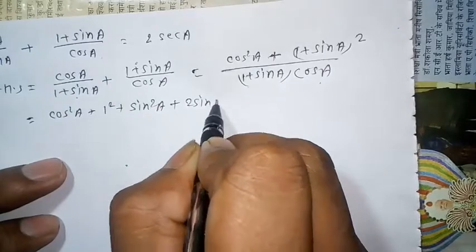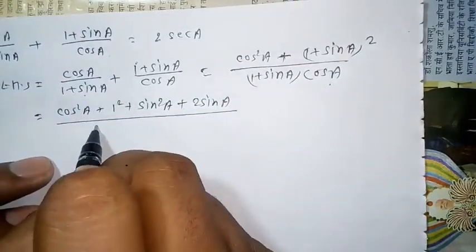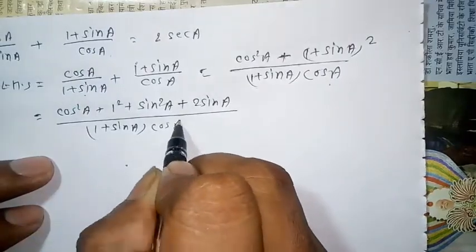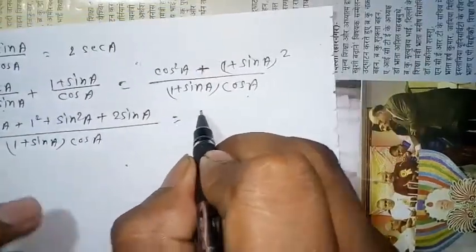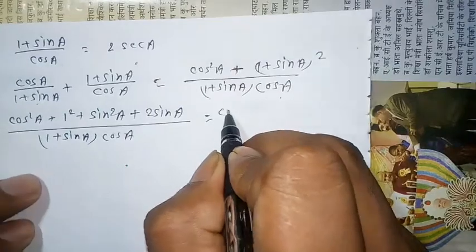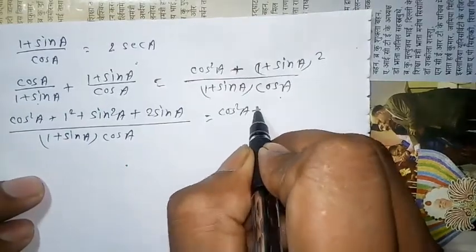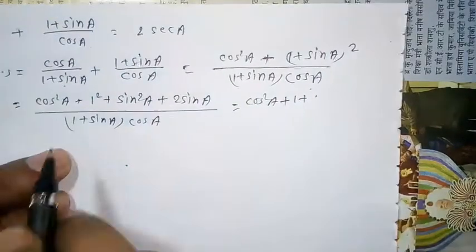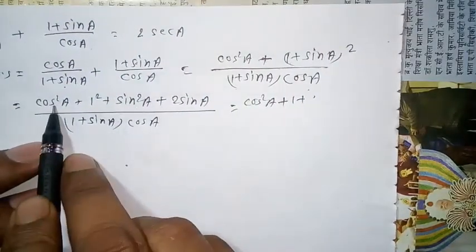It means 2 sin A by (1 plus sin A) into cos A, and sin square A plus cos square A is equal to 1.